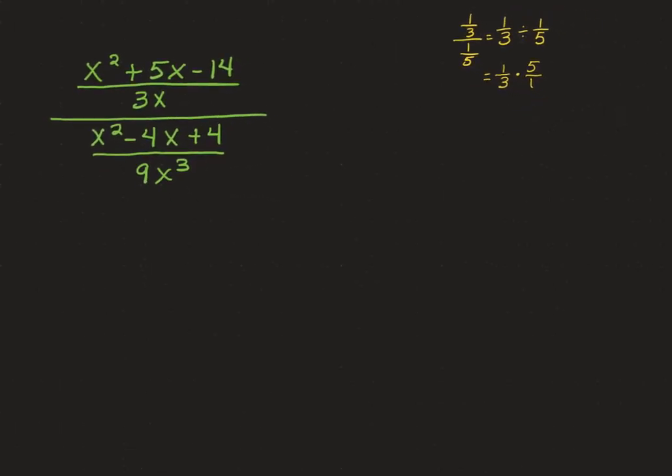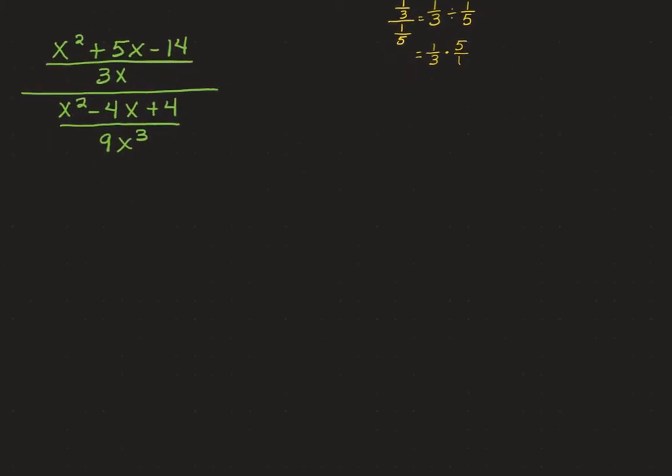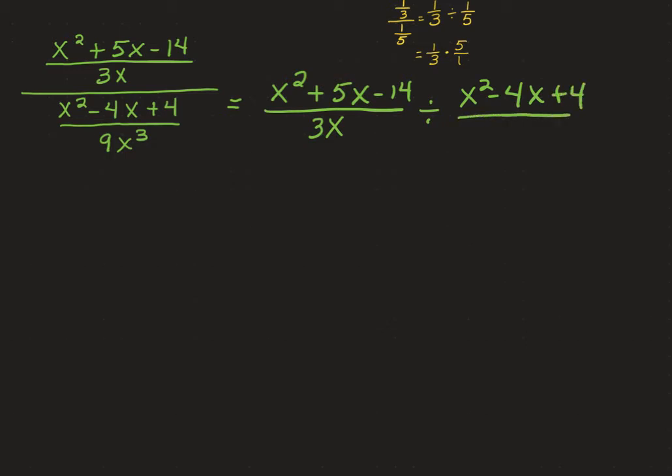Let's make a little extra room here and rewrite our complex rational expression as a rational expression, x squared plus 5x minus 14 over 3x, which is the ratio that was in the numerator, and that is divided by x squared minus 4x plus 4 over, or divided by, 9x cubed.